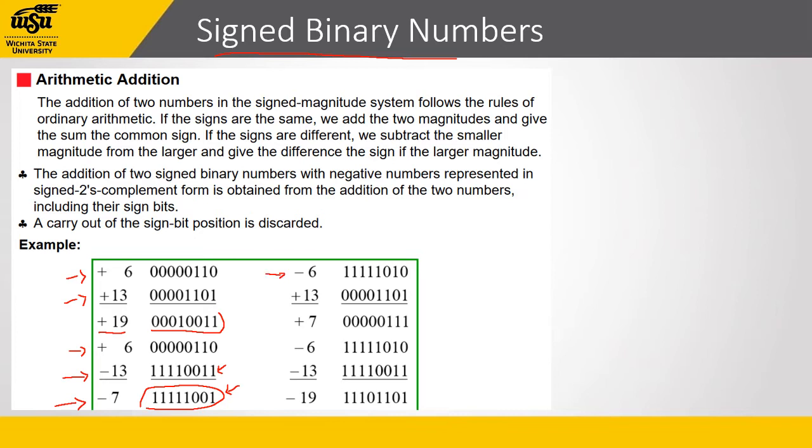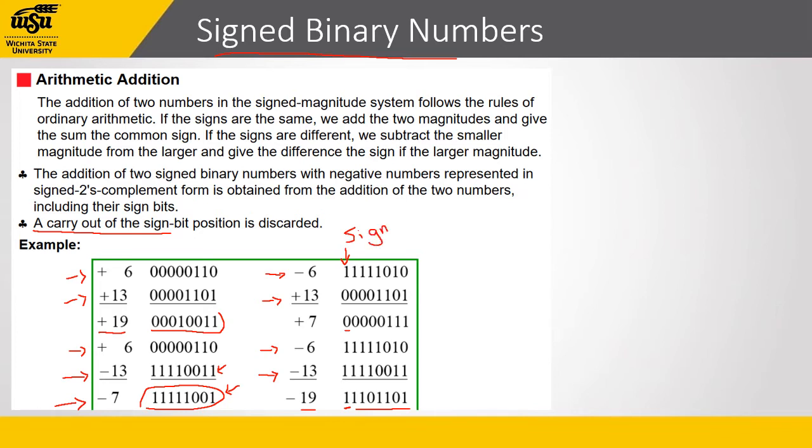Adding negative 6 to positive 13 gives us a positive number. Negative 6 plus negative 13 gives us negative 19, which is also in the 2's complement form of negative. And if we have a carryout bit in the sign position, we have to discard it because we want the leftmost bit to represent our sign.